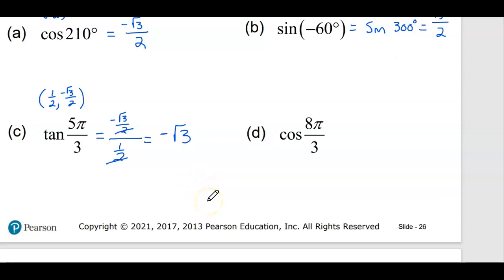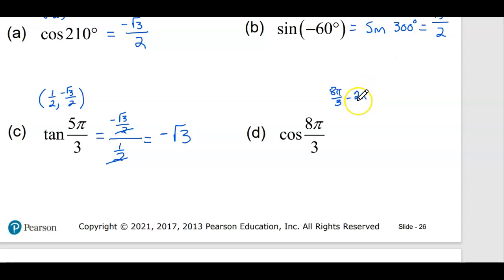And then cosine of 8 pi thirds. Okay, so you'll notice that 8 pi thirds is not in your unit circle. So this is more than 1 revolution. So if I want to find the coterminal angle, so I want to bring this back into the unit circle, what I need to do is take 8 pi thirds and subtract 2 pi.